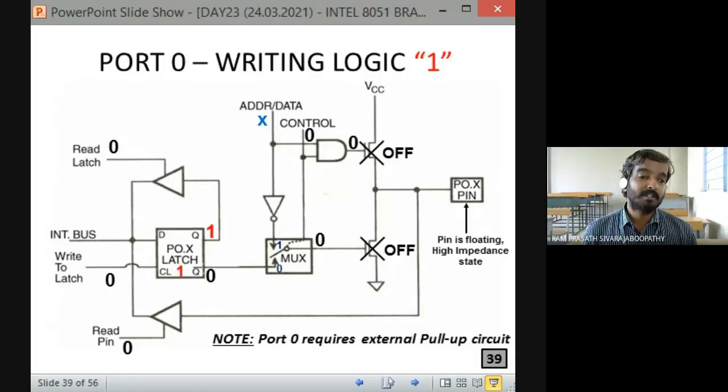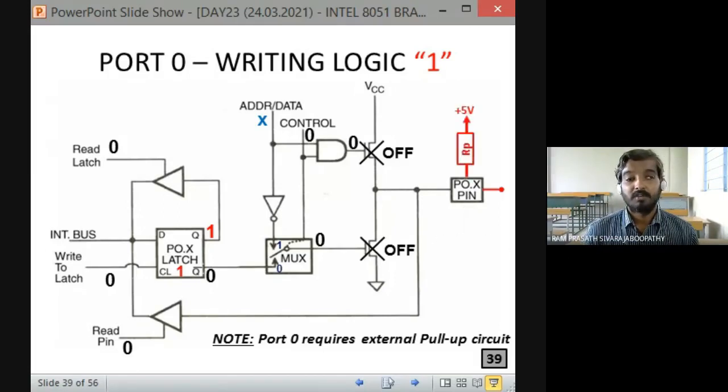Port 0 requires an external pull up circuit. Once we connect the circuit, it will be like this. Now the pin is connected to 5 volts through a resistor. What about the logic available at the pin now? Very good, logic 1. We have to write logic 1 at the end, and now logic 1 has come at the pin.